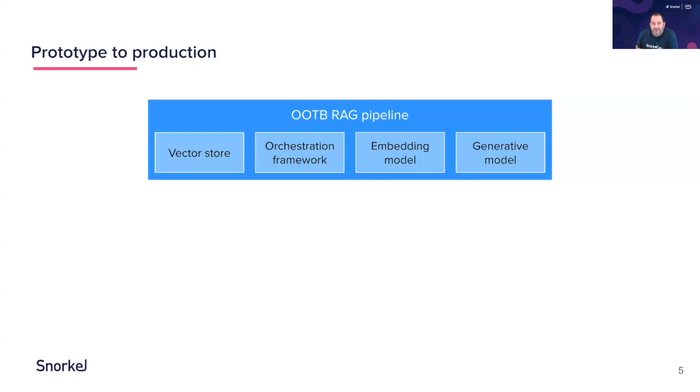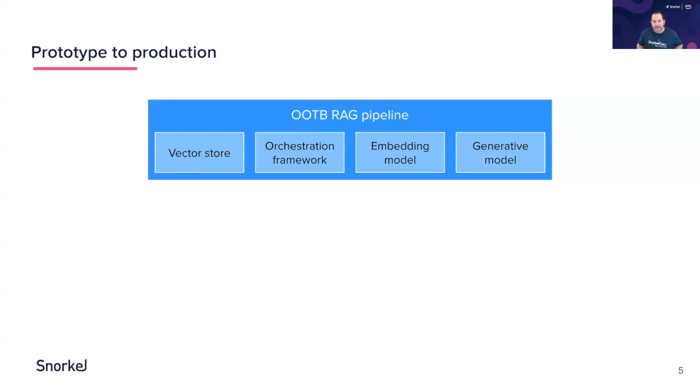Most likely, even if you're using a relational or document database, they support vector search as well. Lots of embedding models to choose from, which we'll cover in a minute, and the same is true for generative models. At this stage, whether you're standing it up on your laptop or in a dev environment, it probably makes for a great demo or POC, especially in a controlled environment.